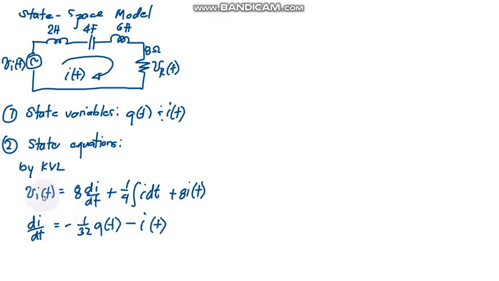And of course, we have our input, positive vi of t. So that is the equation of di dt, and we know already that dq over dt is equivalent to I of t.